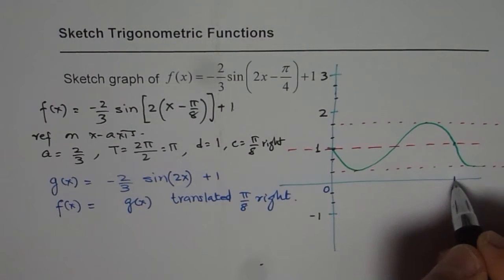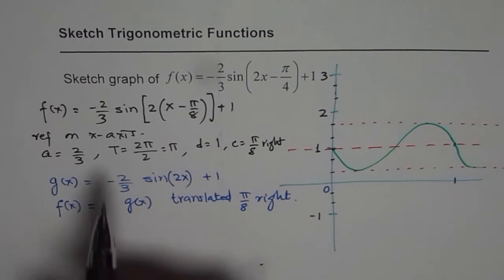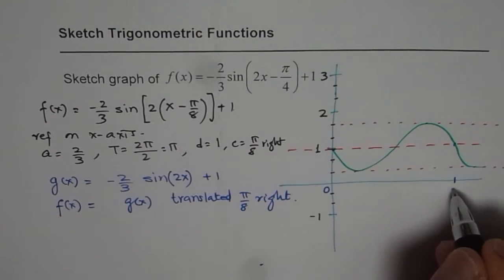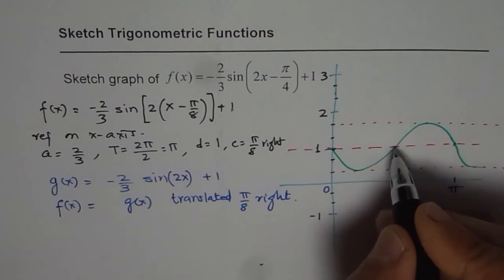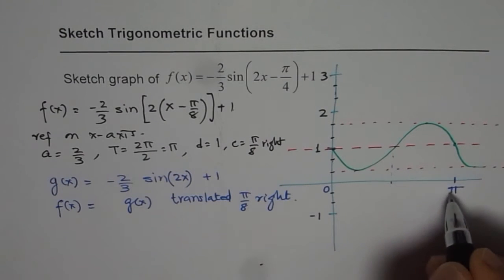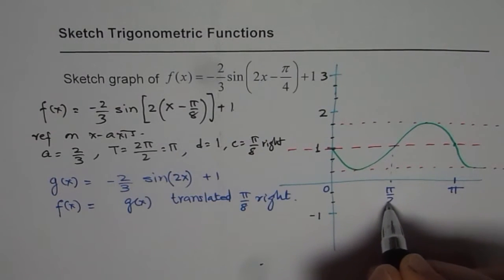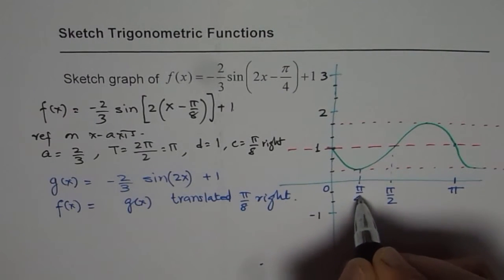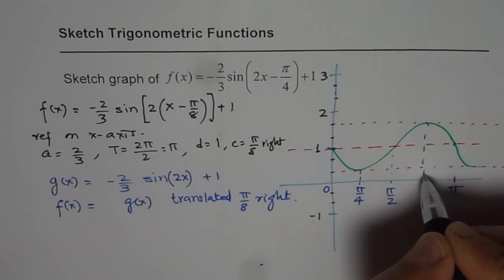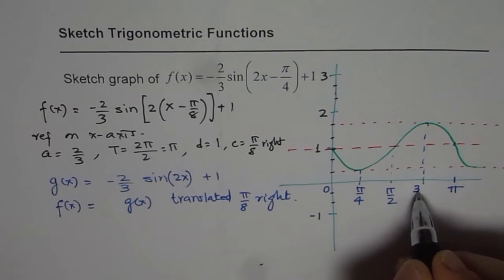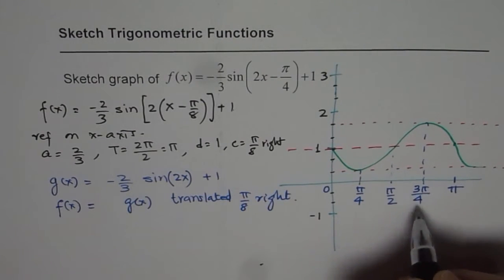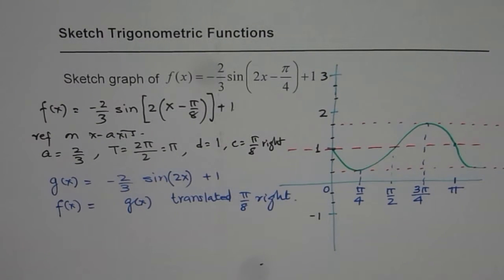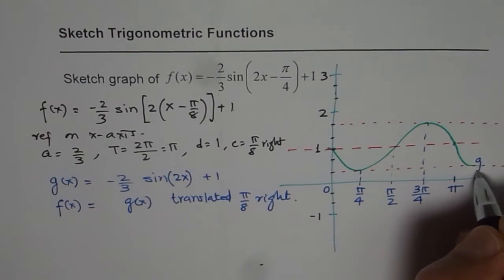The end of the cycle will be at the time period of pi. So that is pi for us, and this happens to be at half of this, which is pi by 2. This will be at half of this, pi by 4, and that peak has to be at 3 pi by 4. Perfect. So that is how we get our scale, right? So with that, I have sketched g of x.